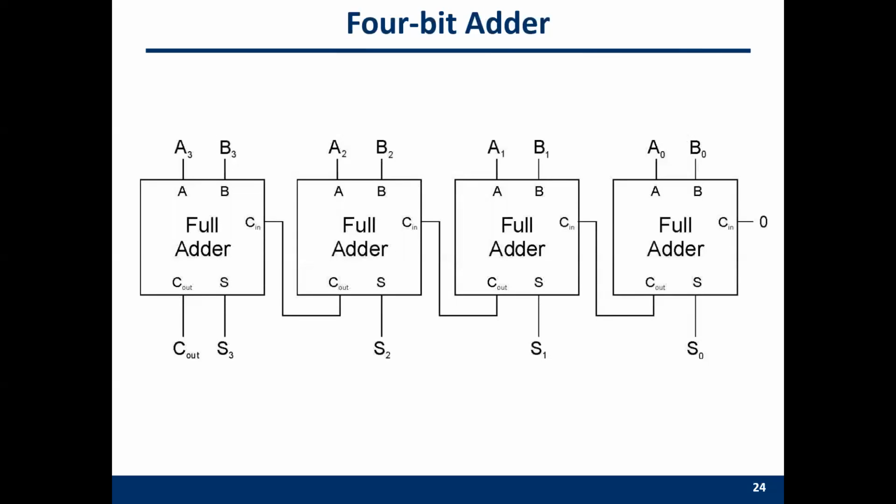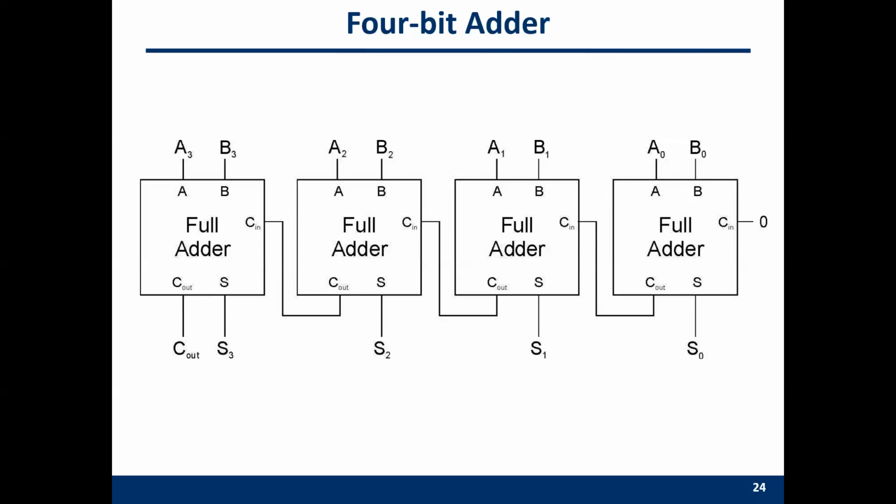If we have multiple 1-bit full adders, then we can connect them together. We can connect the carry out of one full adder to the carry in of another full adder. So this is the so-called carry ripple adder. Because we have 4 full adders here, it's a 4-bit multiple-bit adder.